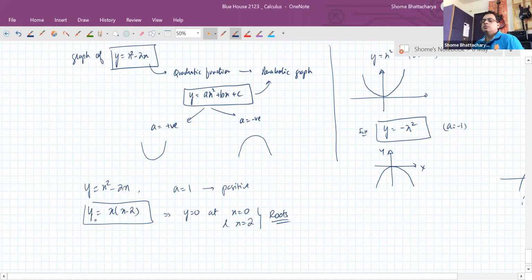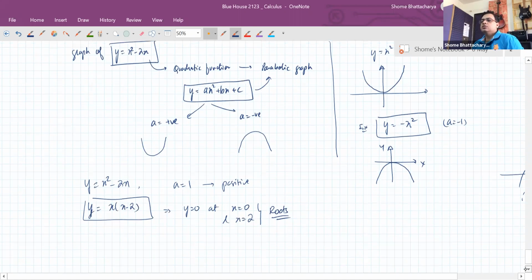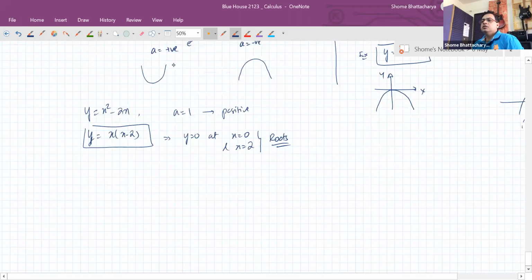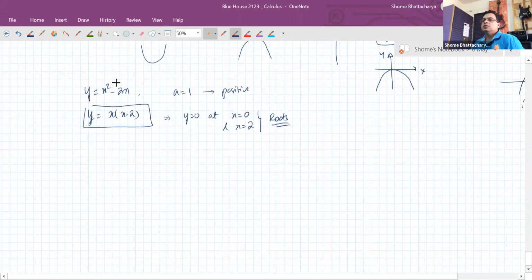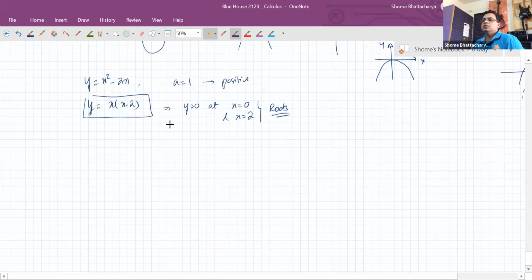They are the values of x for which y becomes 0. In terms of the graph, they are the points at which the parabola will intersect the x-axis.